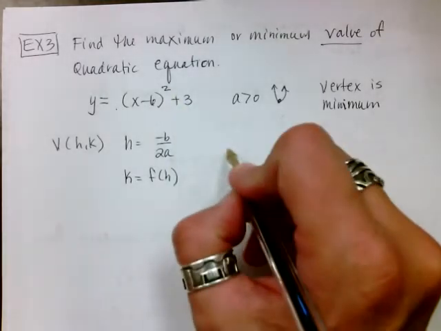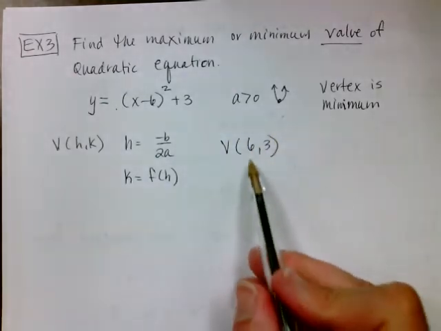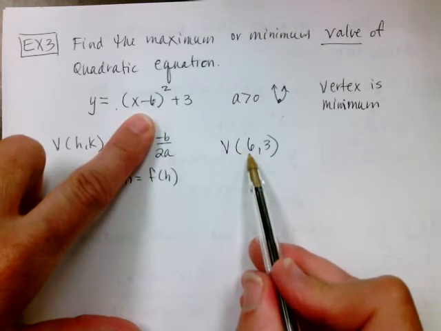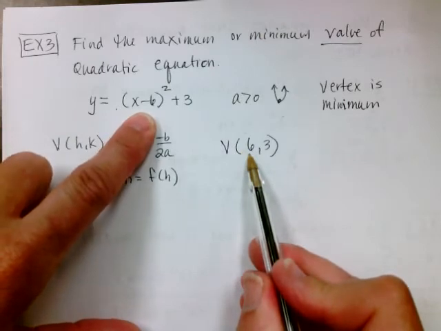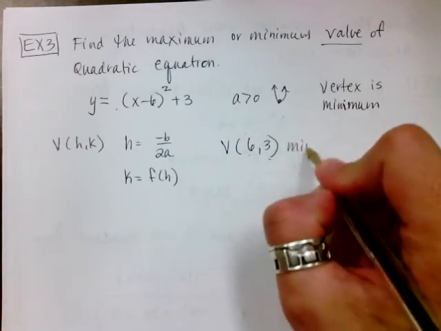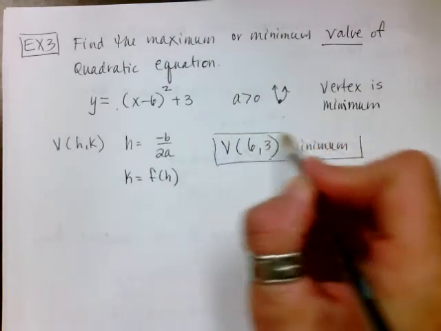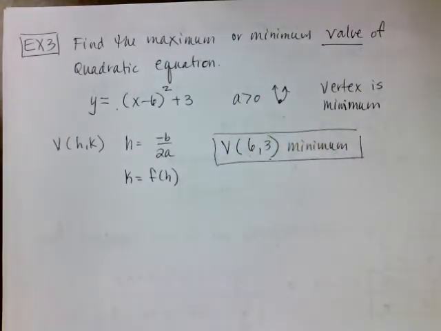So I know that my vertex is going to have coordinates (6, 3). Remember, if it's inside the function, it's the opposite value. So my vertex has coordinates of (6, 3), and it's a minimum. And then I'm done. So I actually didn't have to do any math because they gave me the equation in vertex form, which is very nice.